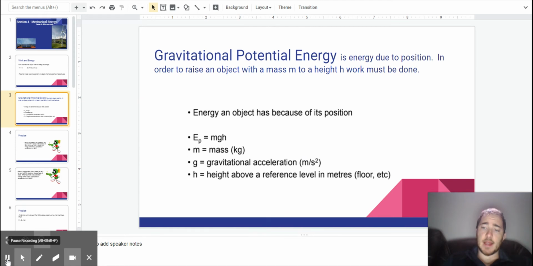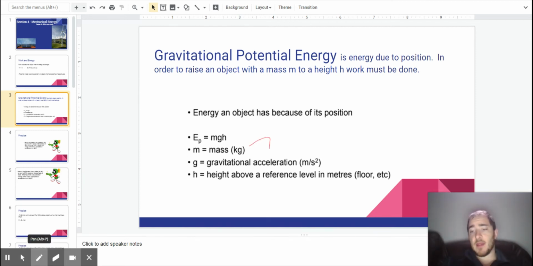So another thing to recognize is the units that these are written in, okay? When you're doing this calculation, mass must always be written in kilograms. So if you are given something in grams, you must convert it to kilograms. Okay, gravitational acceleration is always meters per second squared. And I don't think you'll ever have to convert that, but you need to know in case you do. And height is always in meters.